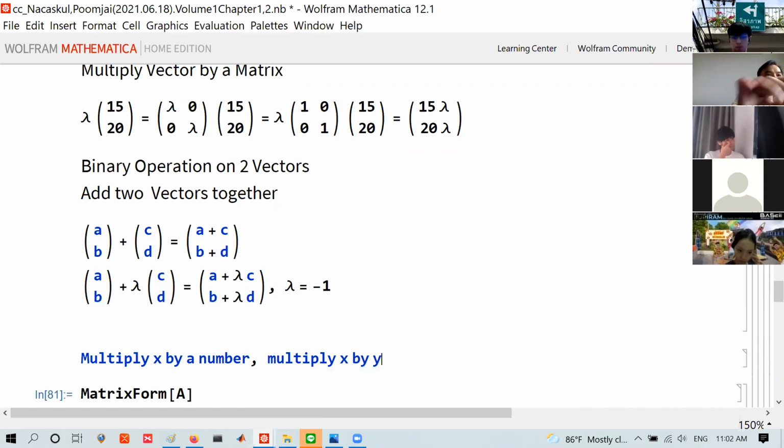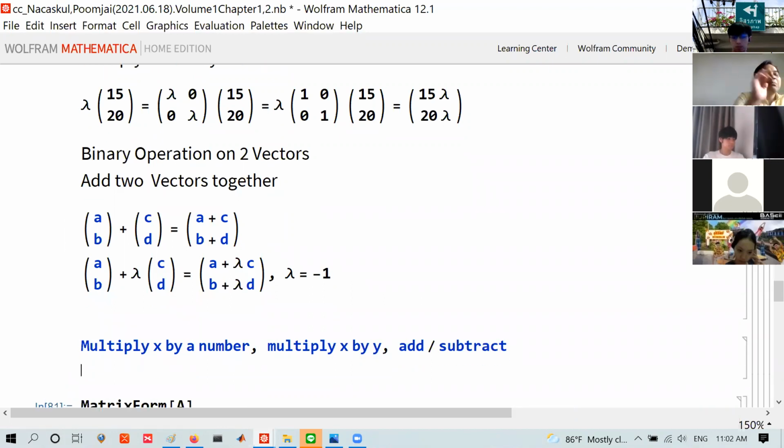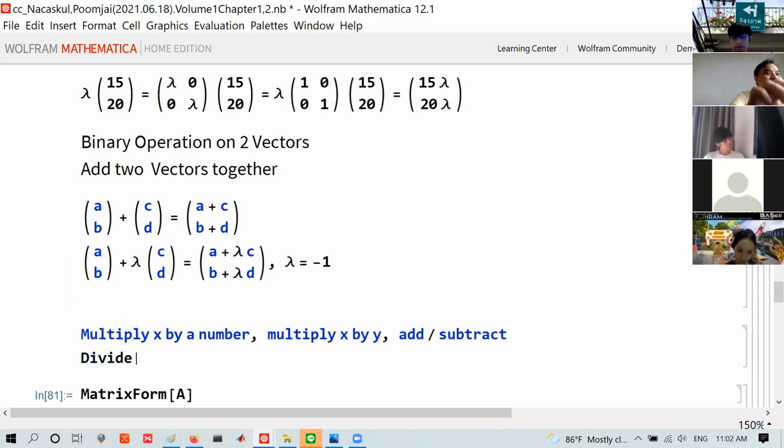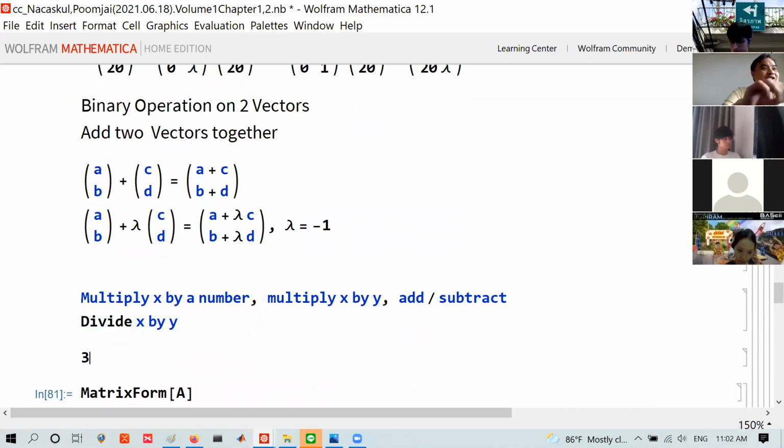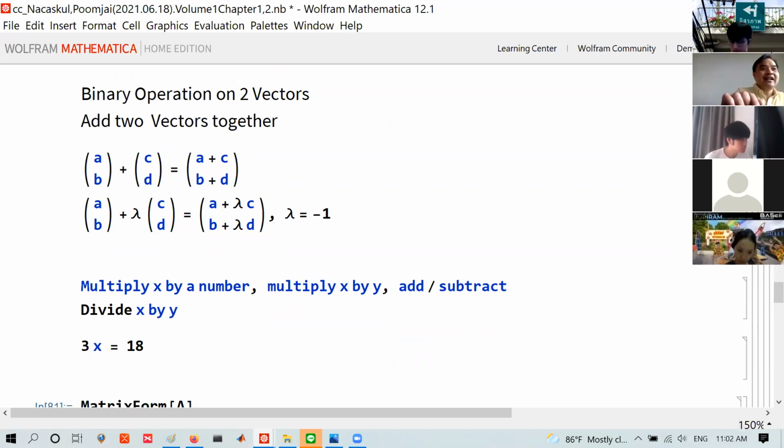You can also add, subtract. But what else could you do in high school or in grade school that you can't do now? You can divide, right? You can divide. That's what you want to do. After all, if you can't divide, you can't solve something like this. 3x is equal to 18, right?